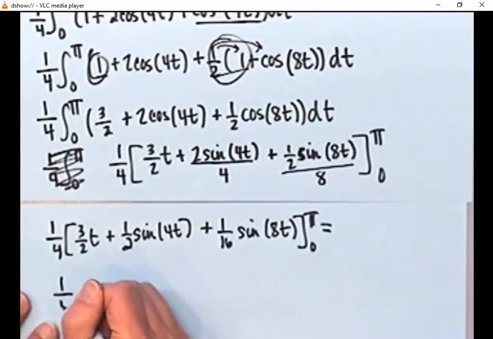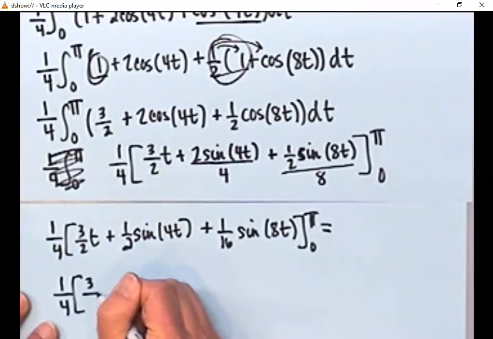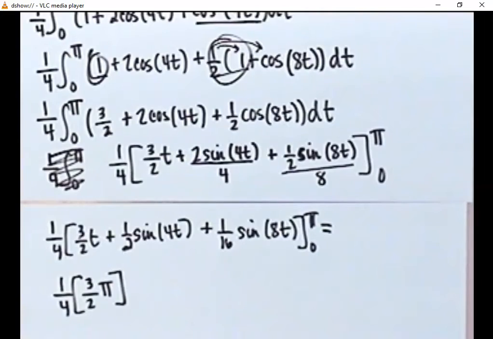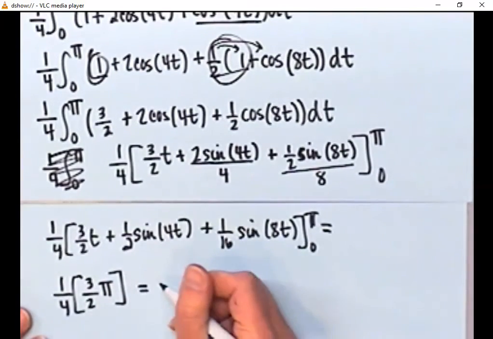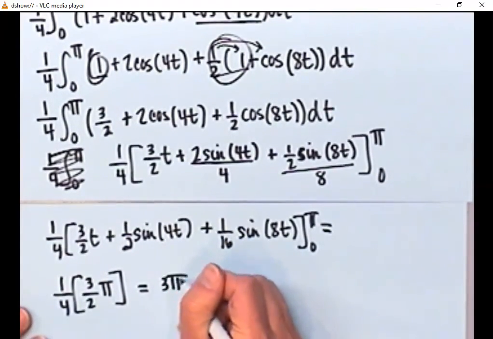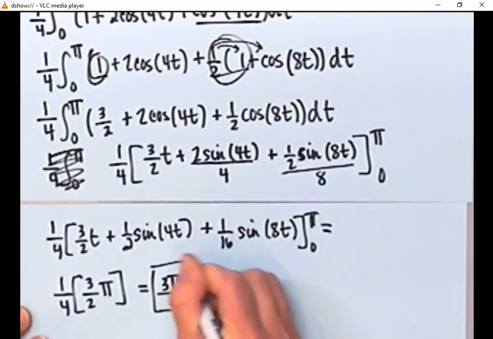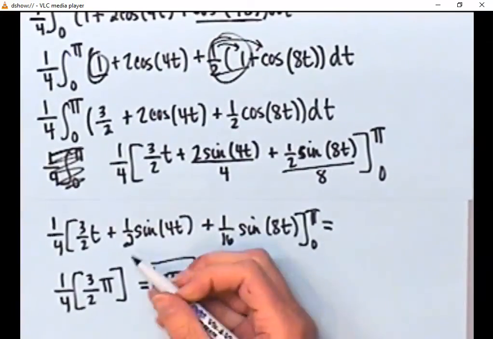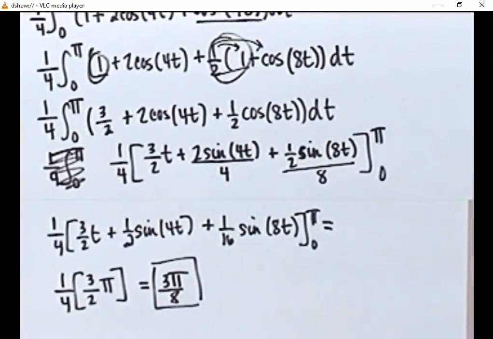So basically all you're going to get is the term times the pi. So 1/4 times 3 halves pi, the rest is 0. So what is it, 3 pi over 8? Okay, awesome. Yep. All the rest of those will be zeros when you plug in pi and 0, so nothing to worry about there.